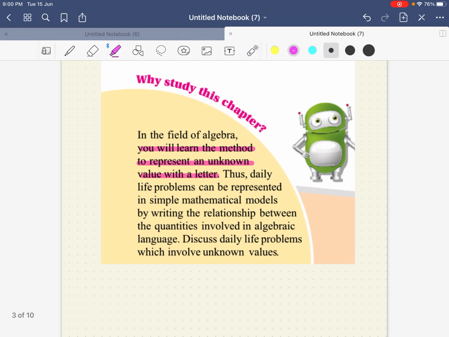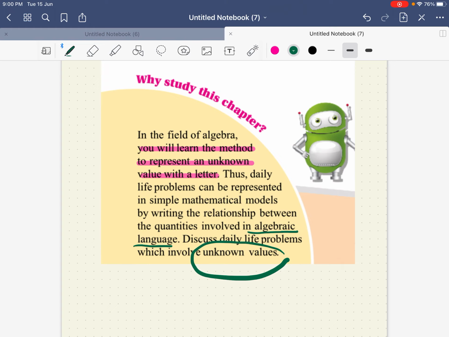Thus daily life problems can be represented in simple mathematical models by writing the relationship between the quantities involved in algebraic language. This is what I showed in 1C the other day. We learn a little. Okay, algebraic language. Discuss daily life problems which involve unknown values.